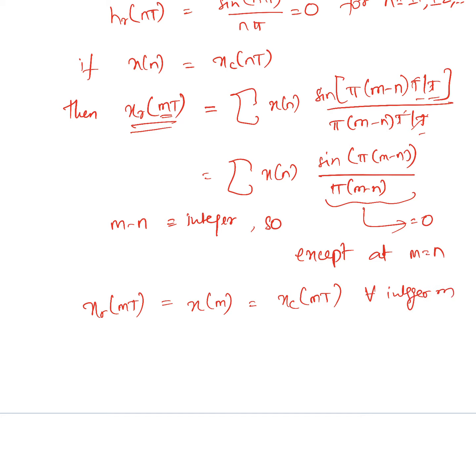The important point to see here is that the reconstructed signal has the same value at the sampling times as the original continuous time signal, and it is independent of T, because the conditions of the Nyquist sampling theorem were already considered above, right?